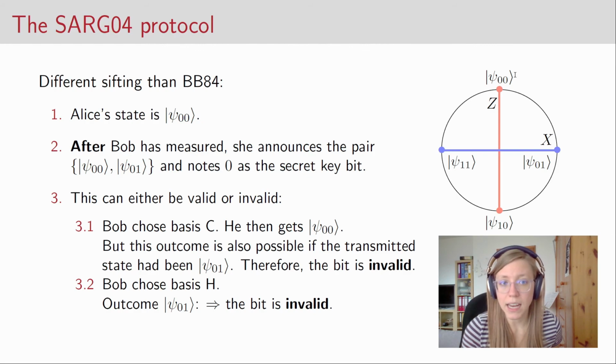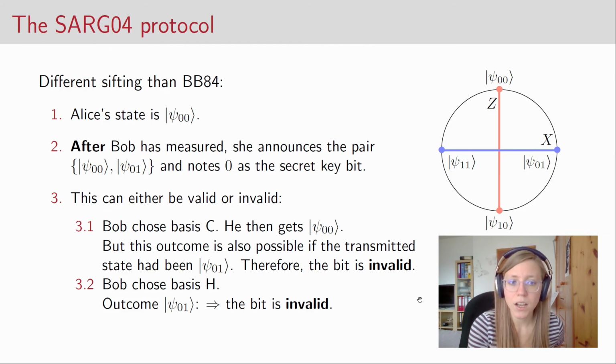Because if the state that Alice has sent was psi00, as we described it here, then Bob simply gets a random result. And if the state that Alice had sent was actually psi01, then psi01 would also have been the outcome of Bob's measurement in the Hadamard basis. Okay, so in this case, again, the bit is invalid.